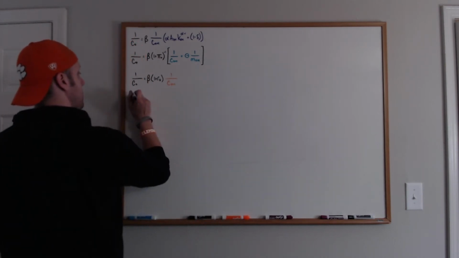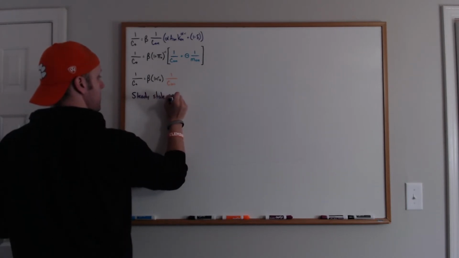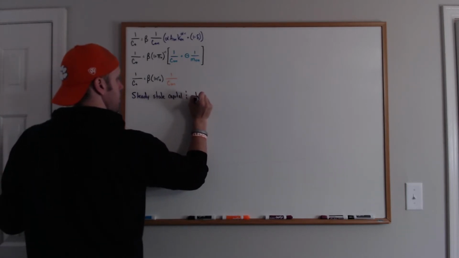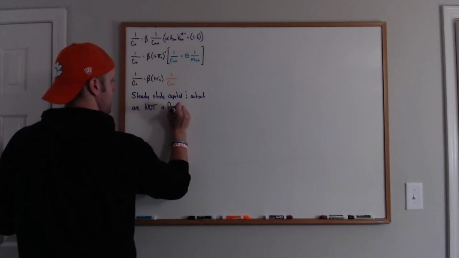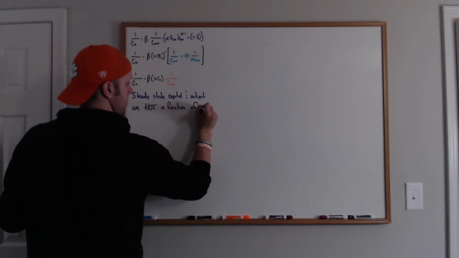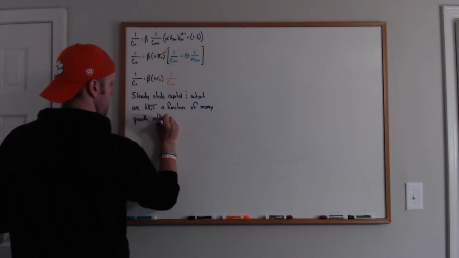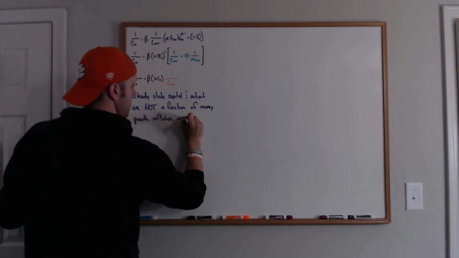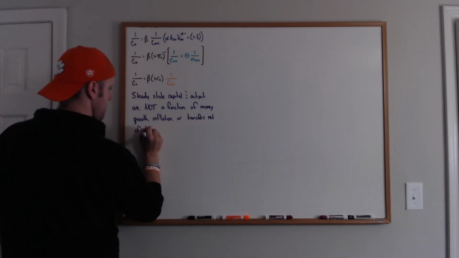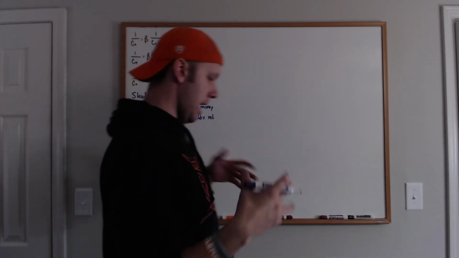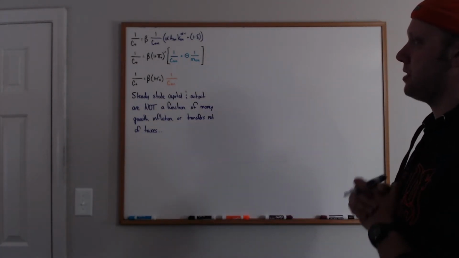So steady state capital and output are real variables, and are not in any way a function of money growth, inflation, or transfers net of taxes.